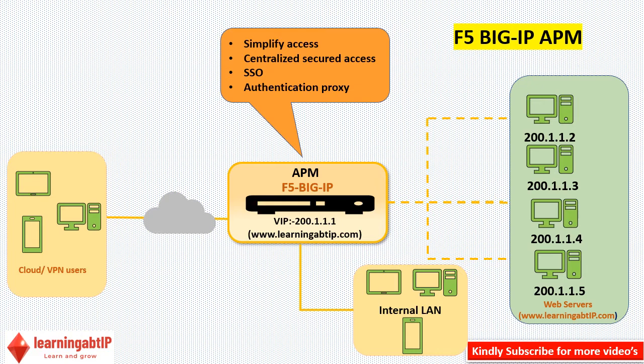With the help of APM, we can restrict user access to any part of the website by creating policies. So again, I tried to give you a basic overview of APM. Now let's talk about the next module.